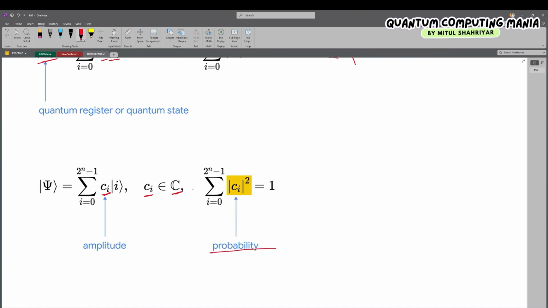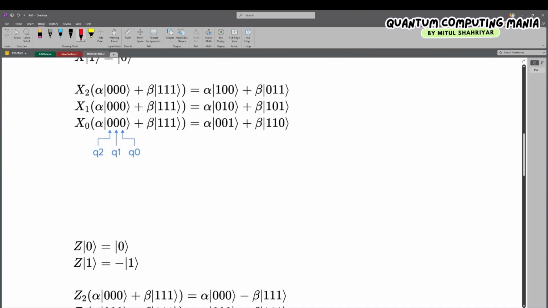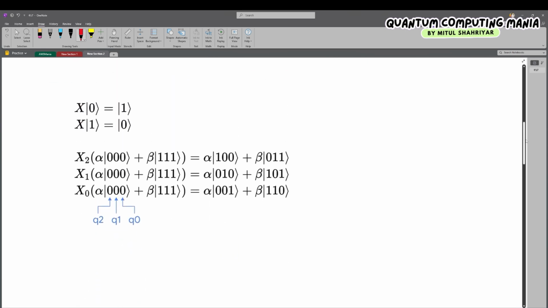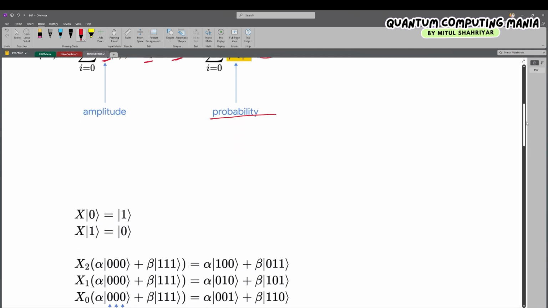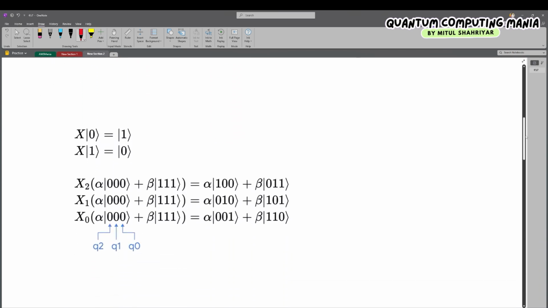The summation of all the modulus squares of the amplitudes is actually 1. These are a few laws of quantum mechanics and quantum computing which you have to abide by, but I don't want to get deep into this topic.